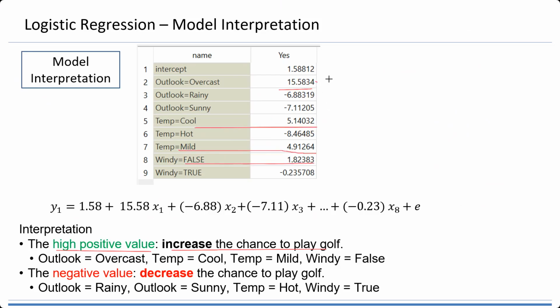Because those values are positive, the higher value means the higher chance the person plays golf. But a negative value decreases the chance to play golf. For example, here is minus, minus, minus, minus, so it decreases the chance to play golf.